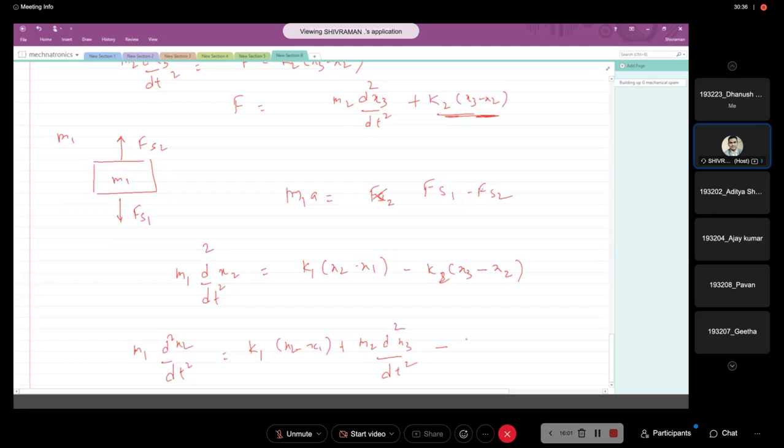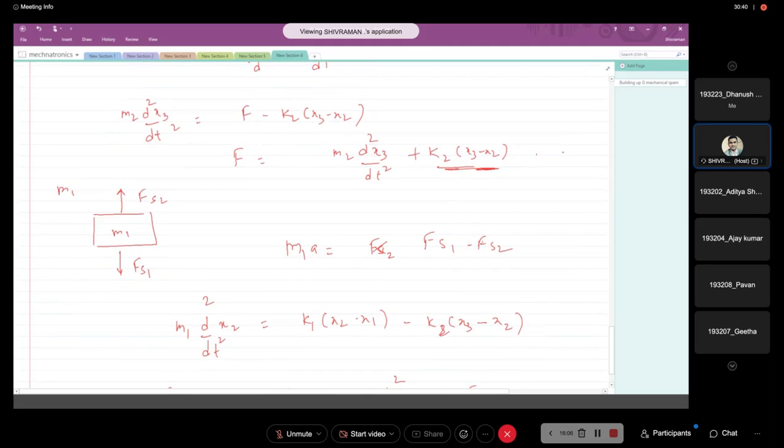From equation 1, you can get K2(X3 minus X2), and you can replace it.